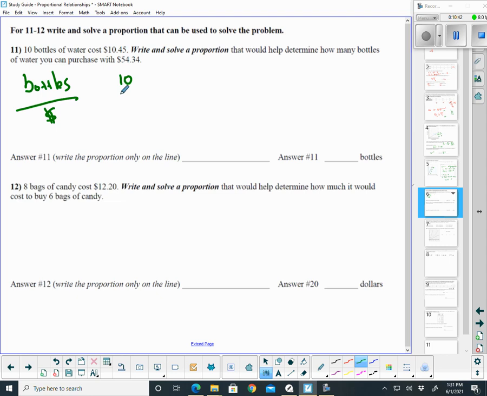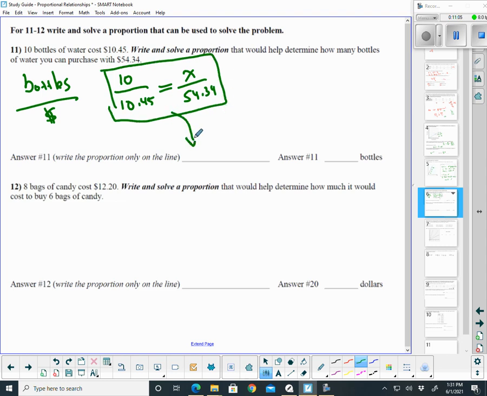So 10 bottles goes with $10.45, just like how many bottles could you purchase? Well, we don't know how many, so we'll put a variable there. Goes with $54.34. So this right here is the proportion that we could write, that would go on that line.